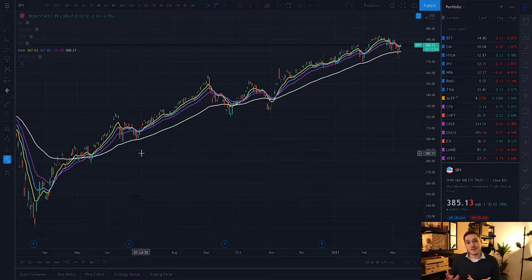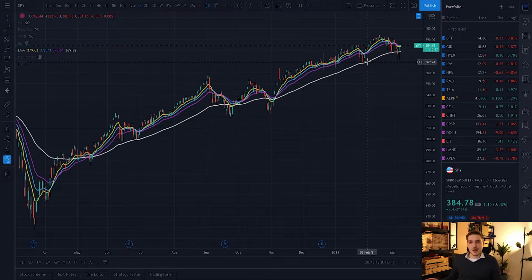So in the case of a 55 daily exponential moving average, it tracks the price of the last 55 days, takes the average of that and plots it on a nice little line. And if it's an exponential moving average, like in this case, it gives more importance to the most recent couple of days instead of the earliest couple of days within that 55-day period. So that is more or less what a 55 daily moving average is.